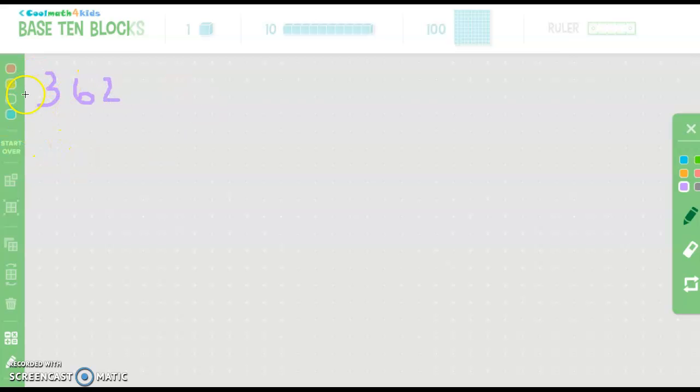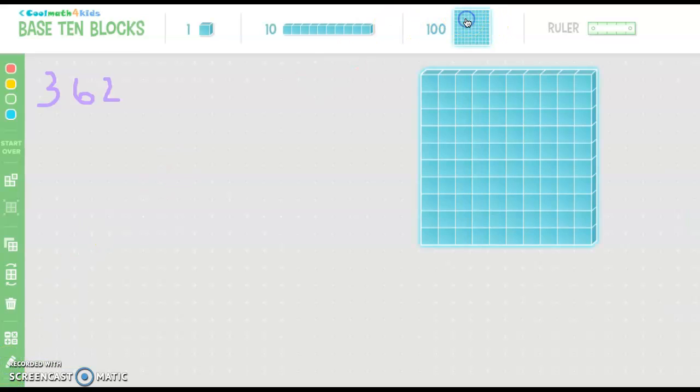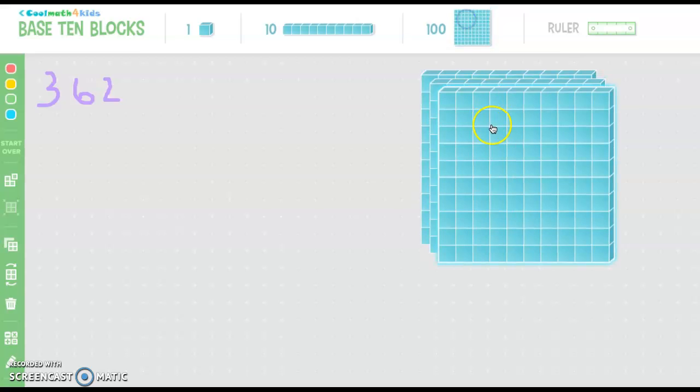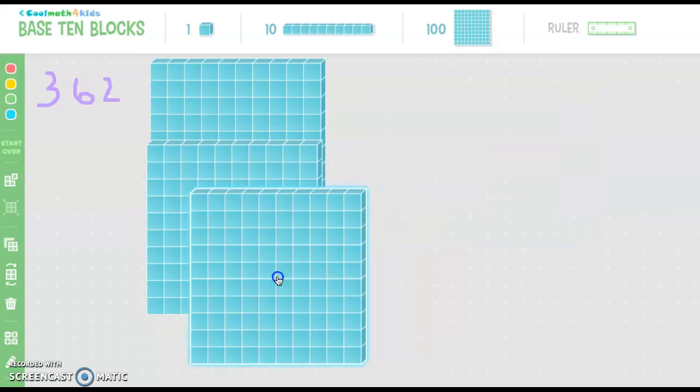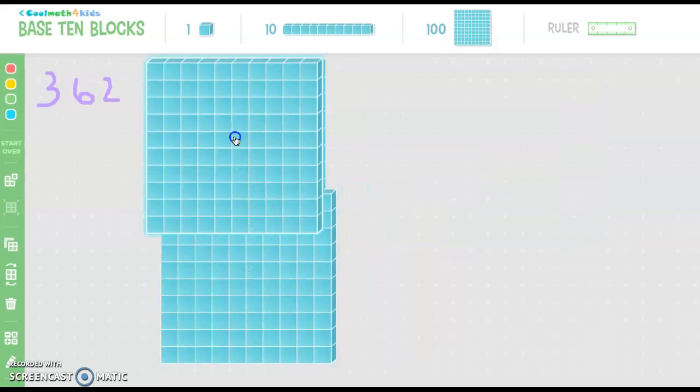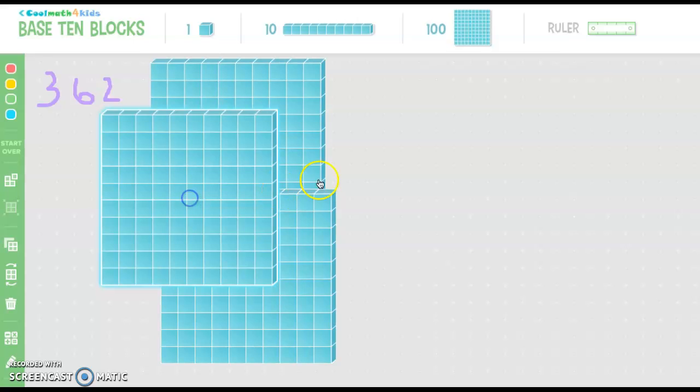I'm going to start in the hundreds place, and I'm going to bring out 300s. There's my 300s. It doesn't matter where I put them because you can see that the value of it is still 300s.